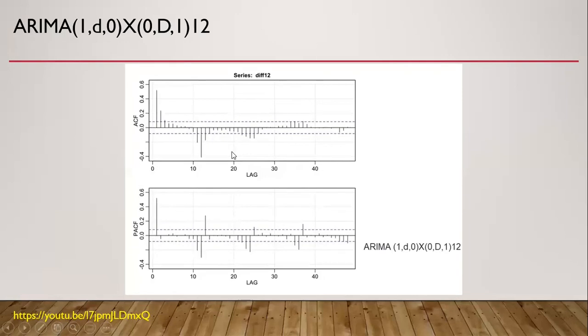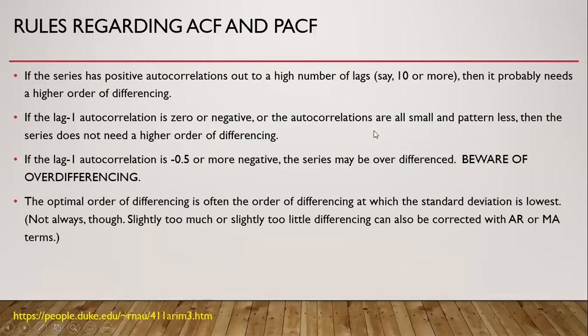And what about the seasonal component? The seasonal component, these periodic components here in the PACF graph, are more significant as compared to the ACF. So here the seasonal component is with AR term of 0 and MA term of 1. And the periodicity is of 12 months. So this is season 12. So this is the seasonal model.